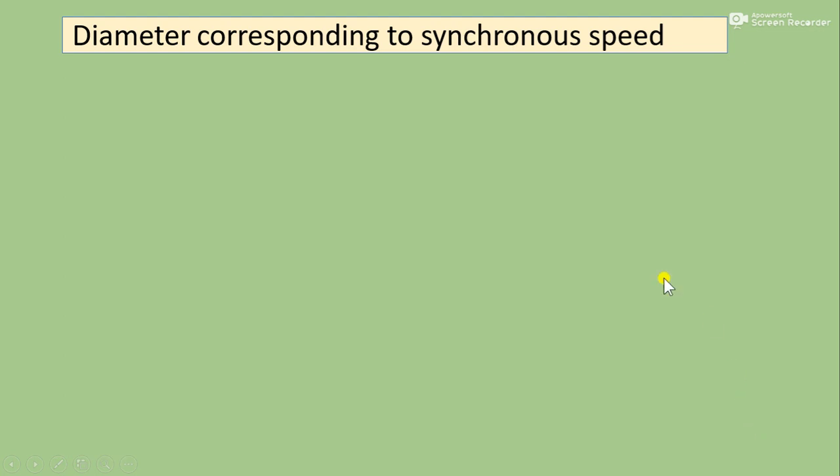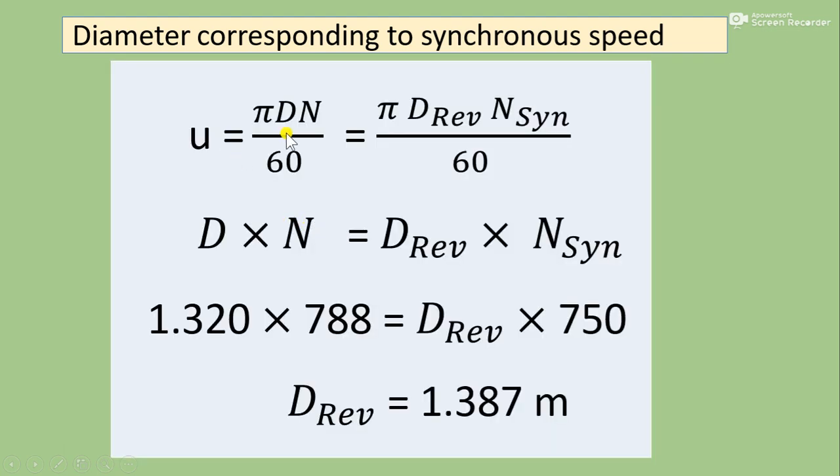Now we have to find the diameter corresponding to synchronous speed. So we use the concept U is equal to pi dn by 60. We can write this for the revised diameter with synchronous speed, meaning pi into revised diameter into synchronous speed divided by 60.